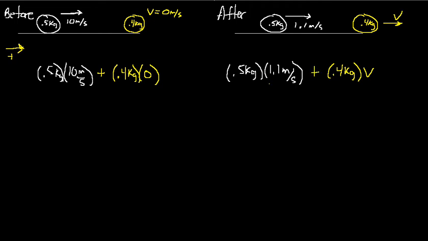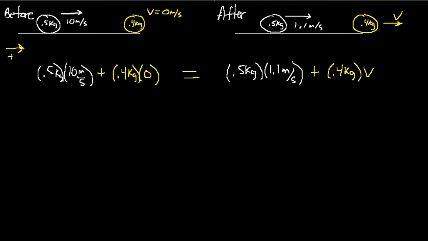We add these momenta after, we add the momentum before, and we set these two quantities equal to each other because momentum is conserved before and after a collision. It's the total momentum that gets conserved, not individual momenta.